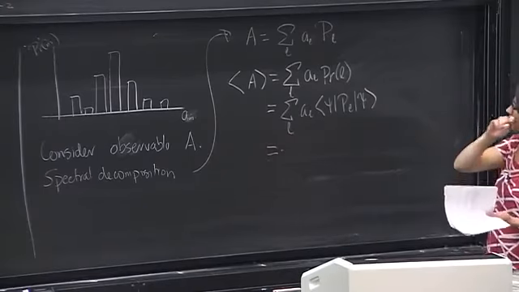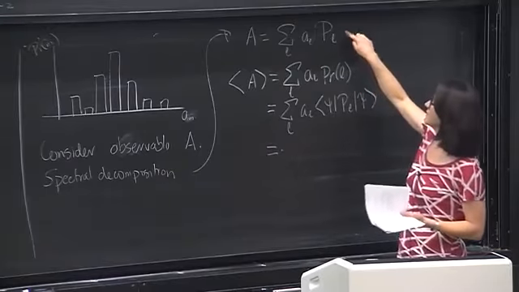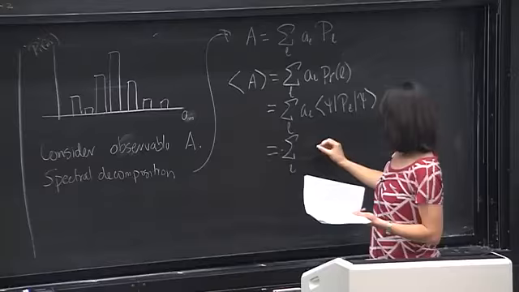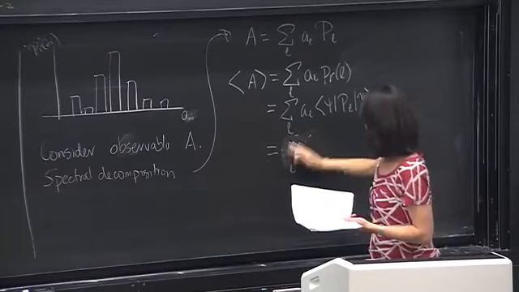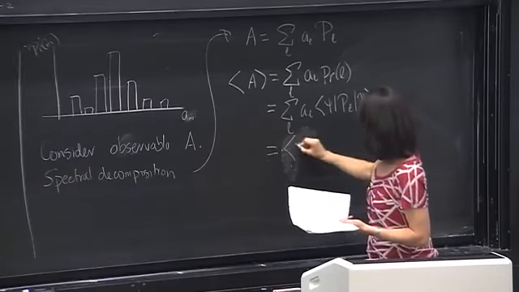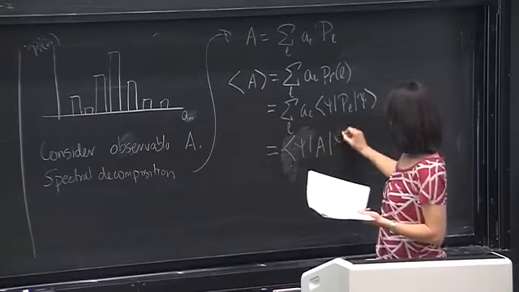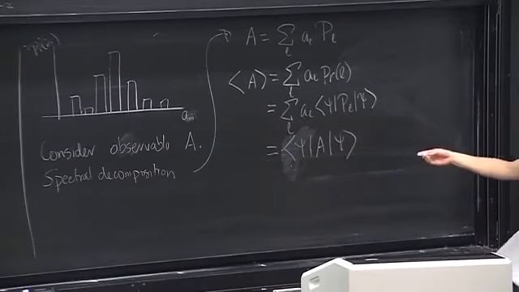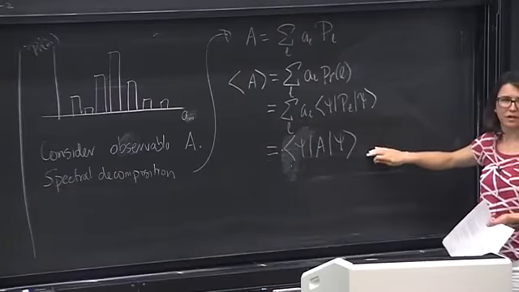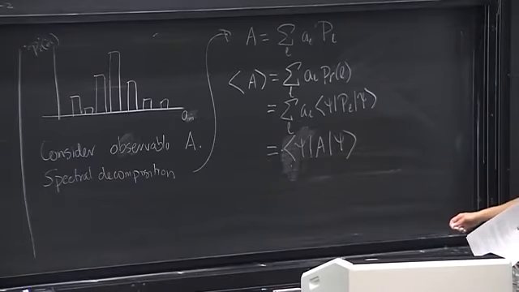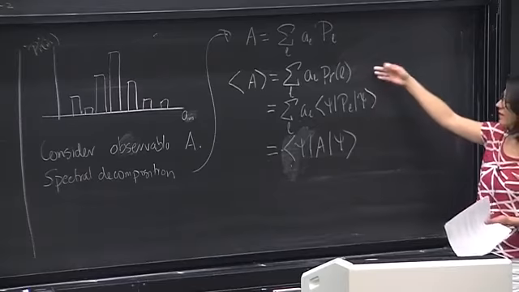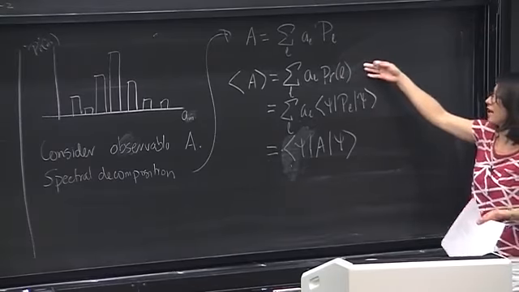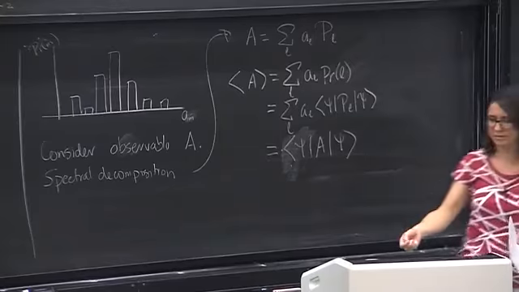And then using the spectral decomposition, I can rewrite this as the expression that you've seen before for computing the expectation value given some particular state psi. So you can see that it connects with what we actually know as the definition of an expectation value in terms of probabilities of outcomes.